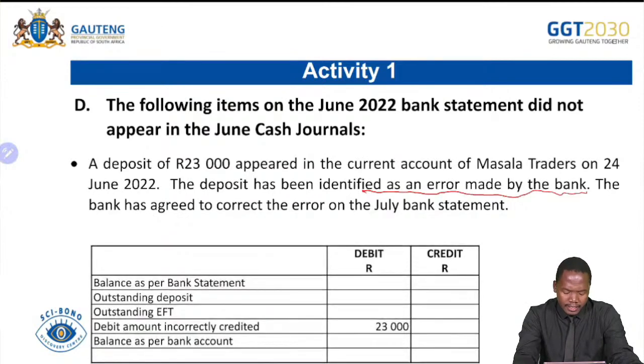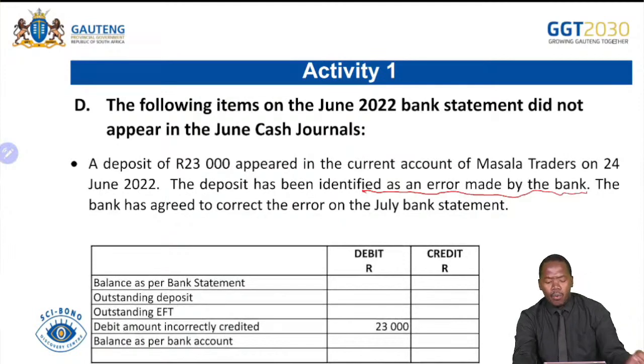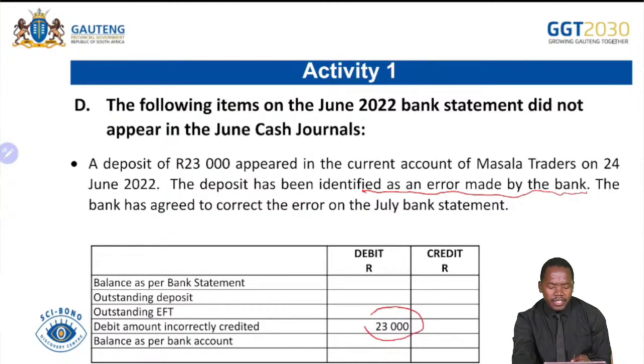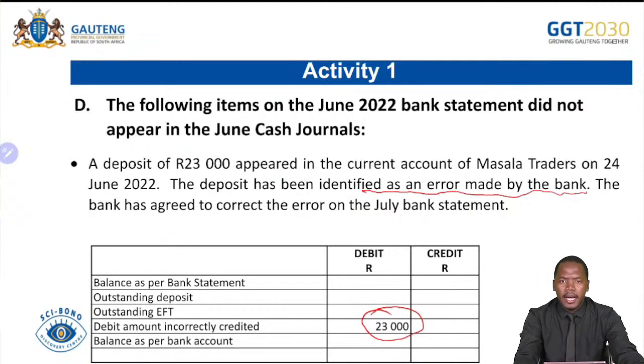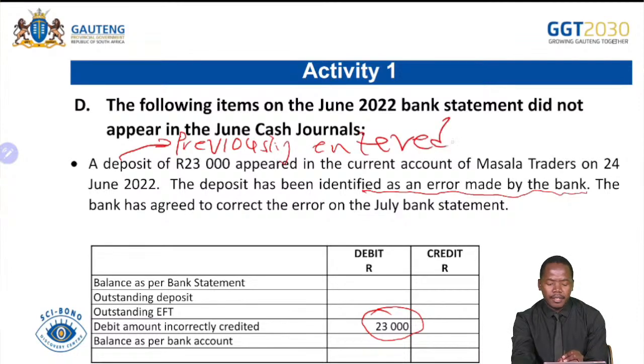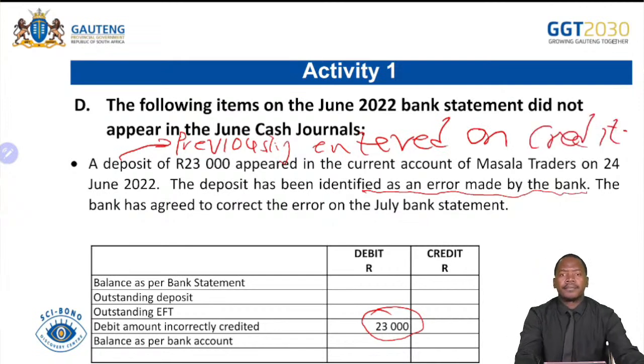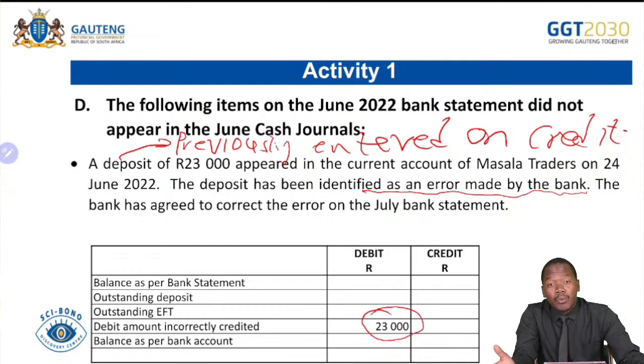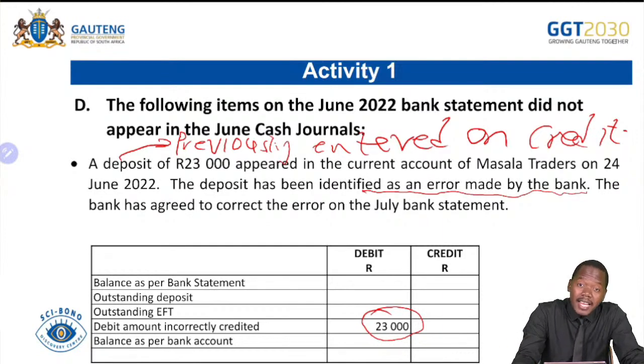Now, why do we record this entry on the debit side? This is because this deposit was previously entered on the credit side. Now, to correct something that has been entered on one side, we need to record on the other side.